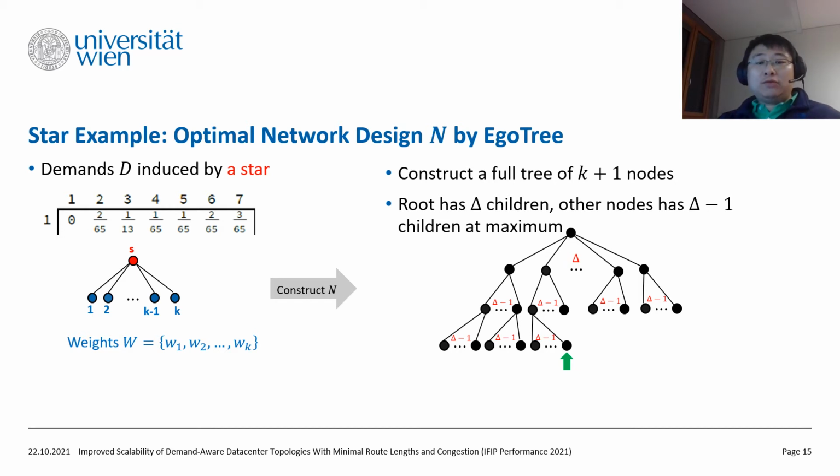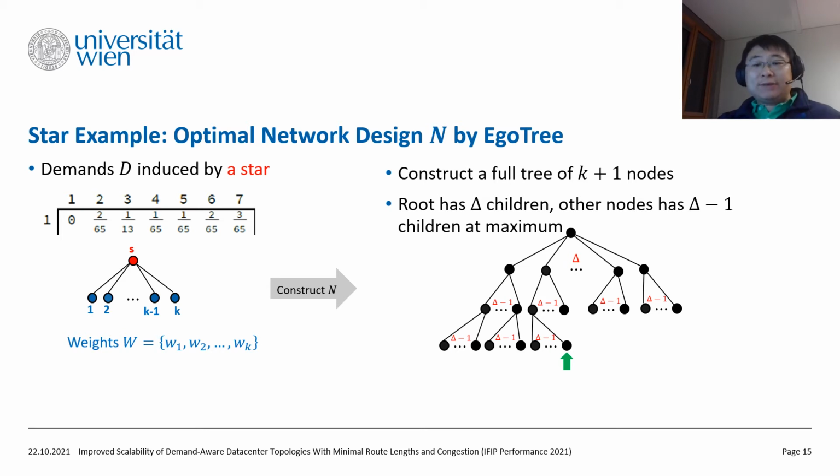In order to find an optimal network to optimize this routing length, we first construct a tree with k plus 1 nodes. Recall here we have k plus 1 nodes. And we require this tree to be a full tree, such that the root can have delta children, and the other nodes can have at most delta minus 1 children.